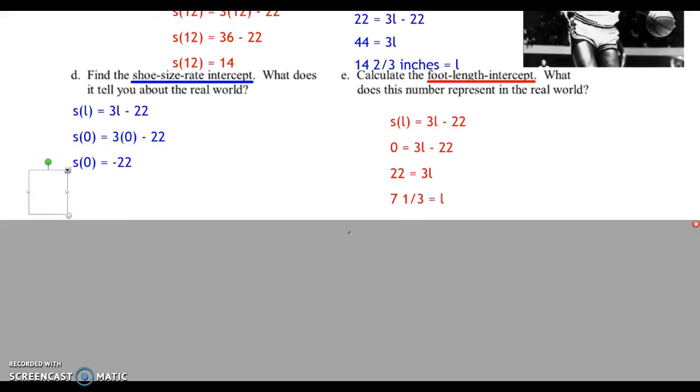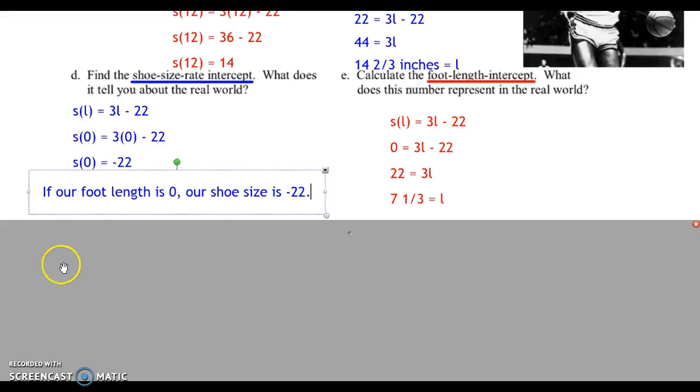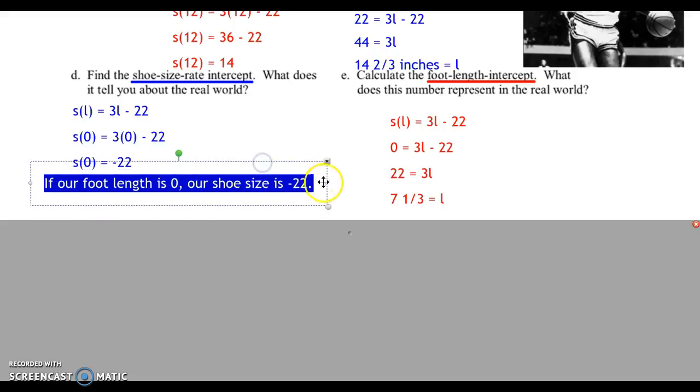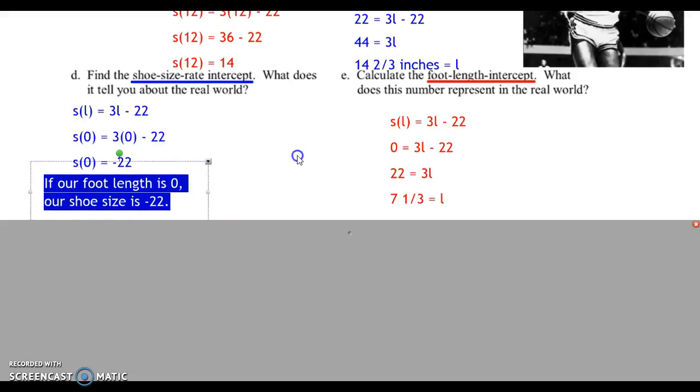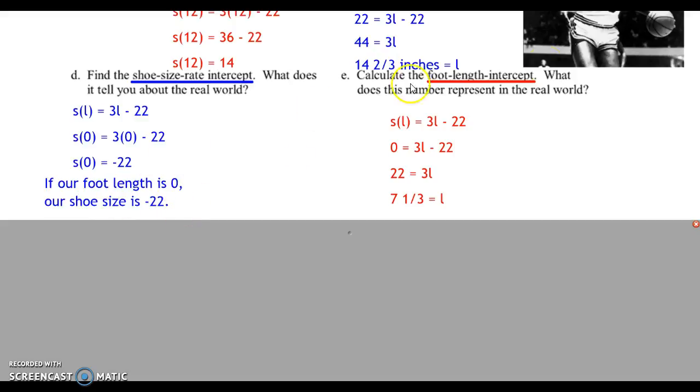Well, it indicates to us that if we input 0 for the foot length, we'll get negative 22 as our shoe size. If our foot length is 0, our shoe size is negative 22, which doesn't seem to make too much sense. This is a mathematical model, and it doesn't really make a whole lot of sense in the real world in this case.